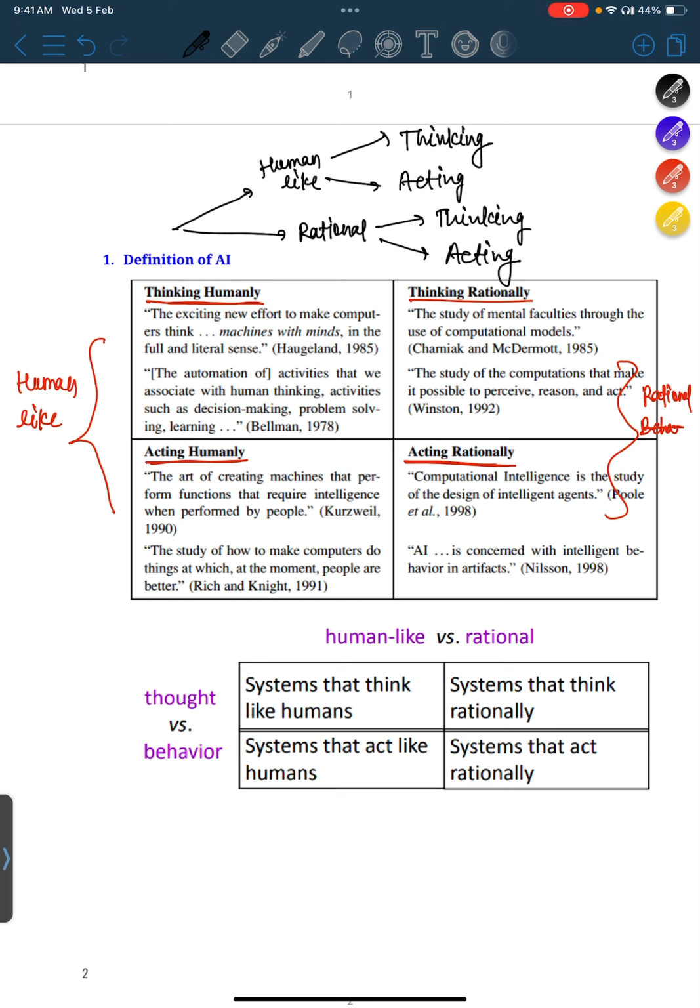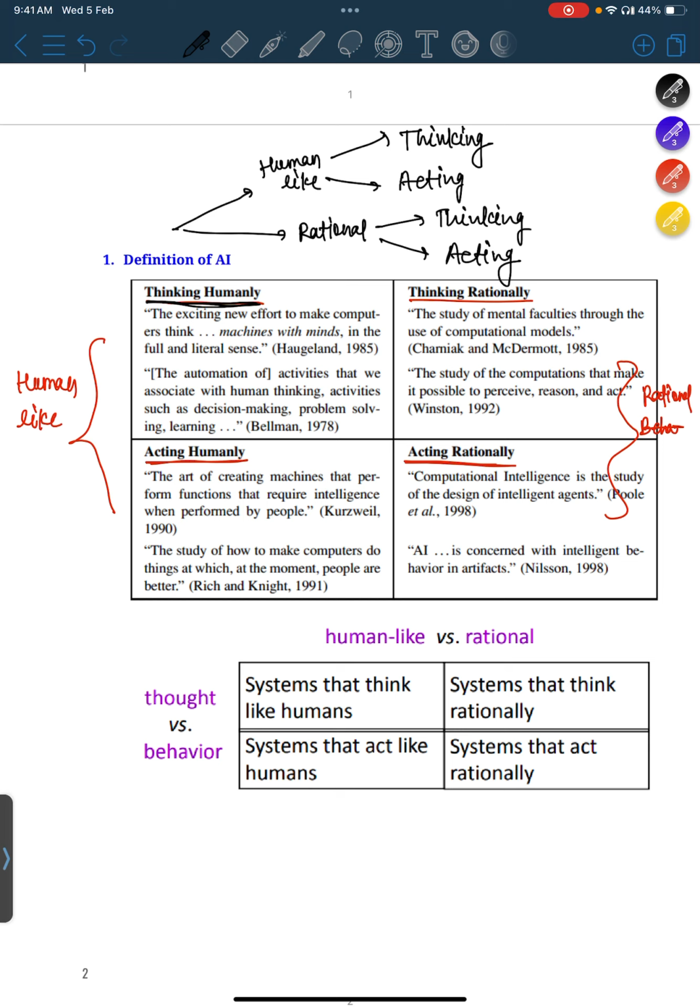This is how we can categorize our AI definitions into four separate categories. Thinking humanly: these are the definitions which describe AI systems as systems which think like a human.